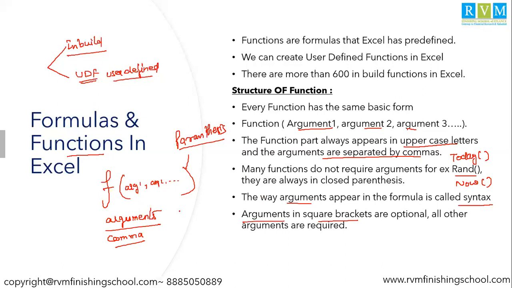You will find a lot of arguments like this, Arg1, closed in square brackets. Remember what the word optional means: if we do not write this argument, it is not going to give us an error. But does it guarantee the right answer? We cannot say that. Some functions, yes, some places, no. So we'll look into that.